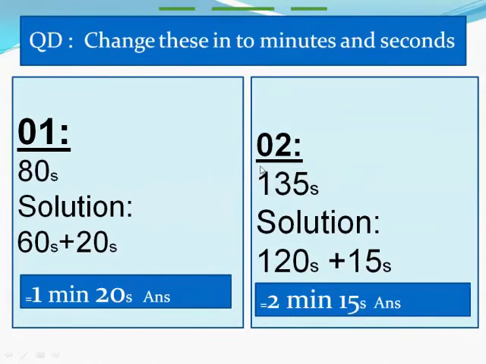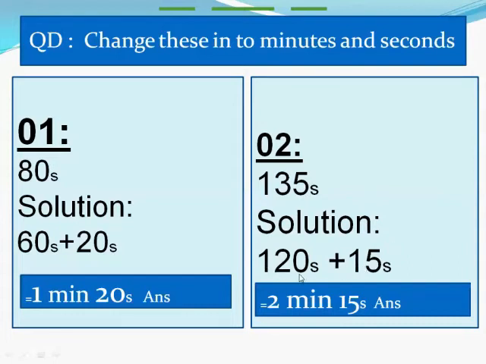Move to the next question from the same exercise. The value given is 135 seconds, and we convert these seconds into minutes and seconds. Now look here. In 135, how many 60s are there? It means there are two 60s. So 2 times 60 means 120 seconds plus 15 seconds.